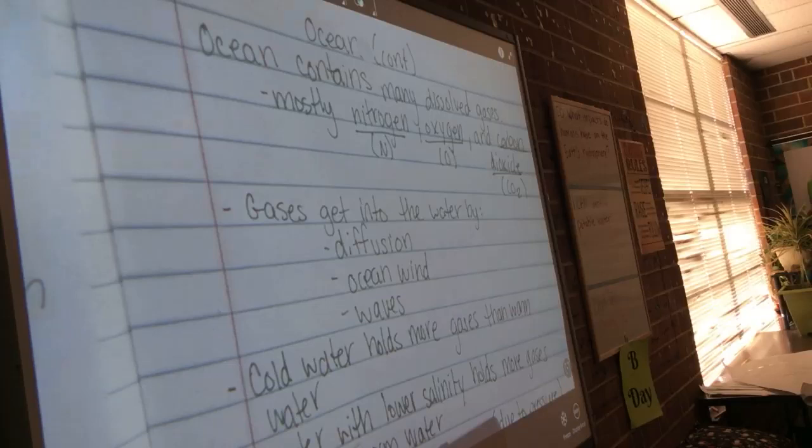We learned that temperature affects the amount of dissolved oxygen in fresh water. Same thing with ocean water. The colder the water is, the more gases it's holding. So warm water holds less of the diffused carbon dioxide, the diffused oxygen and nitrogen. So colder water is more rich in dissolved gases.